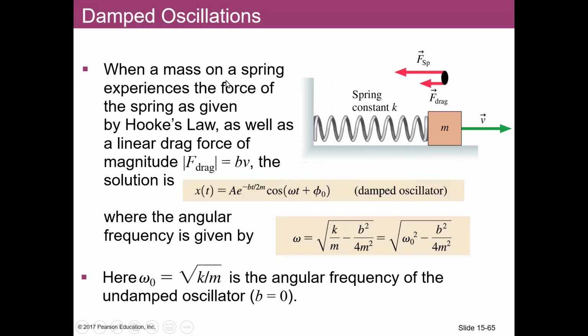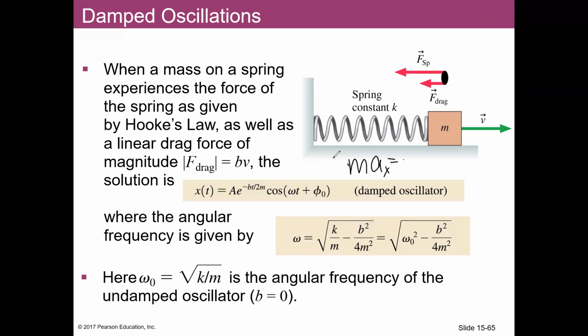So no matter the relative signs of these two vectors, the acceleration is always towards the center. And so when you sum the forces using Newton's laws, you find that m times a is actually proportional to v and x. If I were to quickly annotate directly below this line, I'll get something like m a_x equals minus kx for the displacement, and minus b times v_x. And so I have an equation.